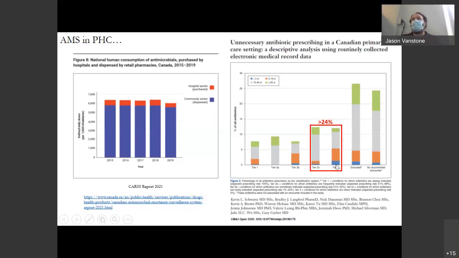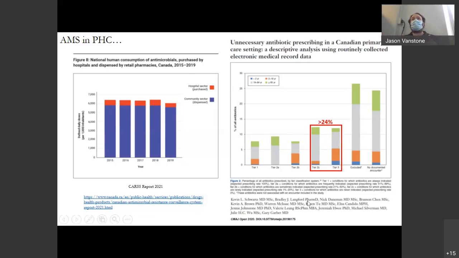And then in this case, you'd think of viral respiratory tract infections, or asthma is often something that's given and really doesn't require antibiotics. So this actually is in line with other data too. There's older data from the States that showed about 30% of antibiotics in outpatient settings are deemed unnecessary, so are prescribed for things that do not require antibiotics. So we're in line with data from elsewhere as well.